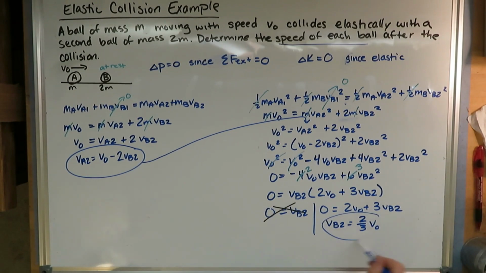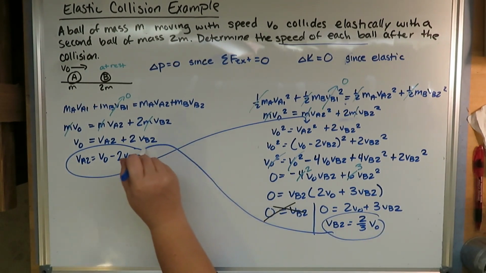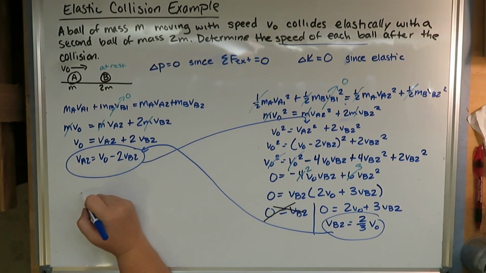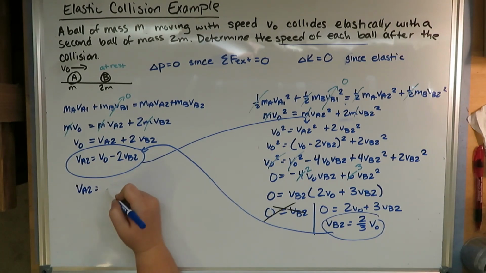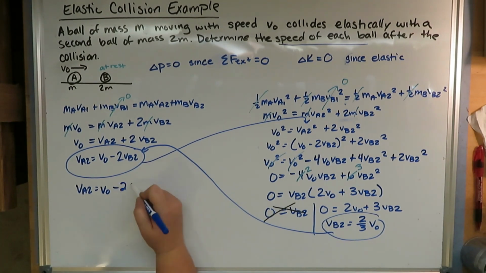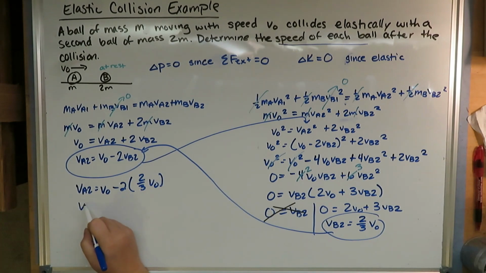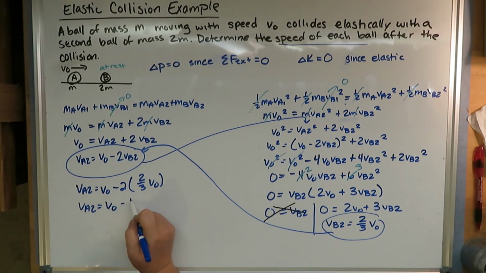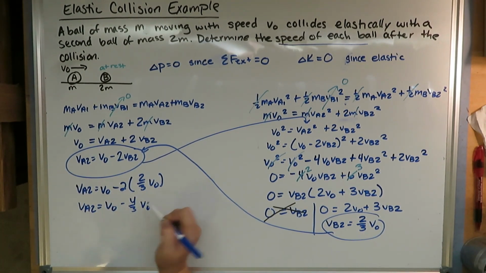Once we have VB2, we can sub in over here and find VA2. So VA2 is going to be V0 minus 2 times 2/3 V0. So VA2 is V0 minus 4/3 V0.